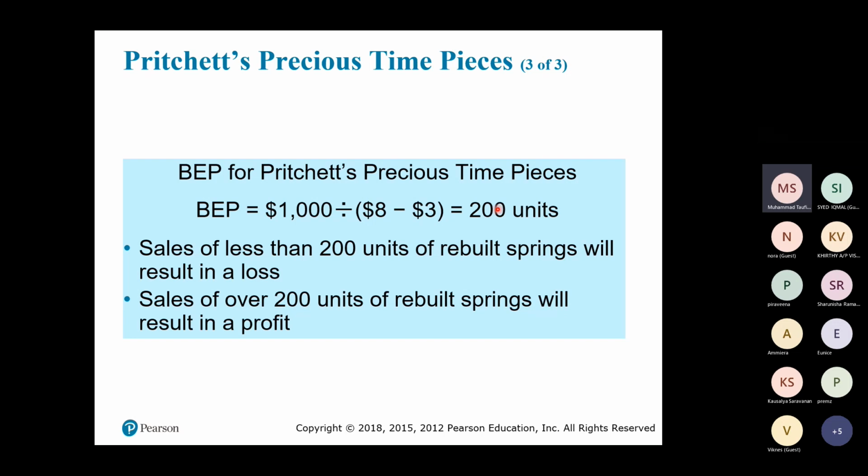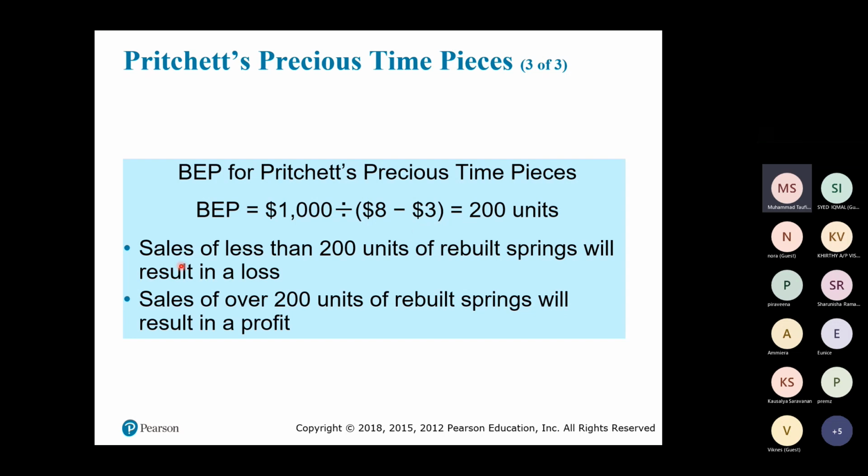If your sales are below 200 units, you will make a loss for your business. But if you can sell more than 200 units, you will start to make a profit. That is the meaning of 200 units here.